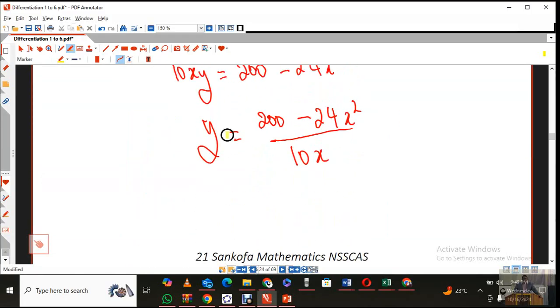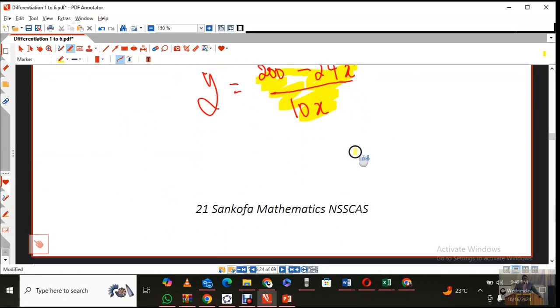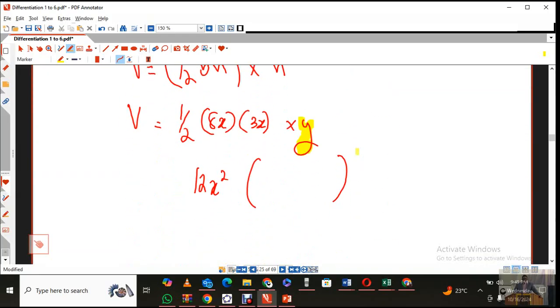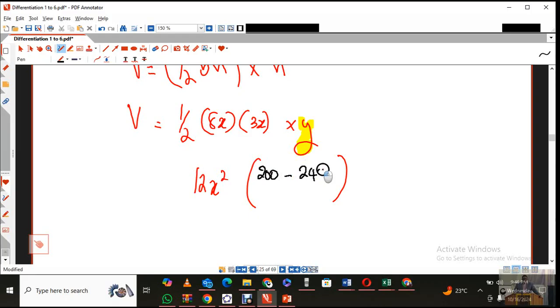So this is going to take the place of y now. 200 minus 24x squared upon 10x. So that is going to be 200 minus 24x squared all over 10x.